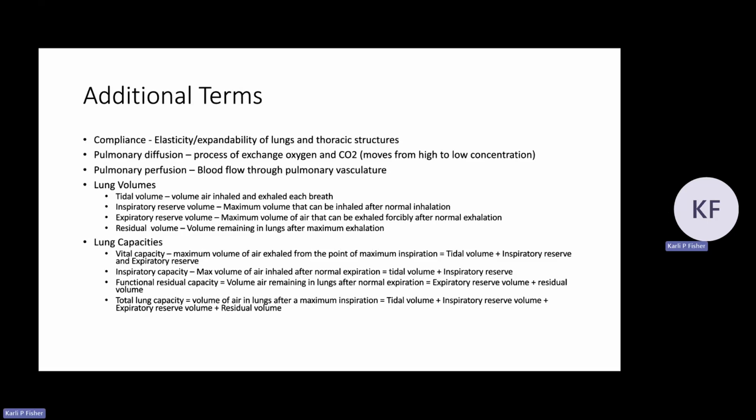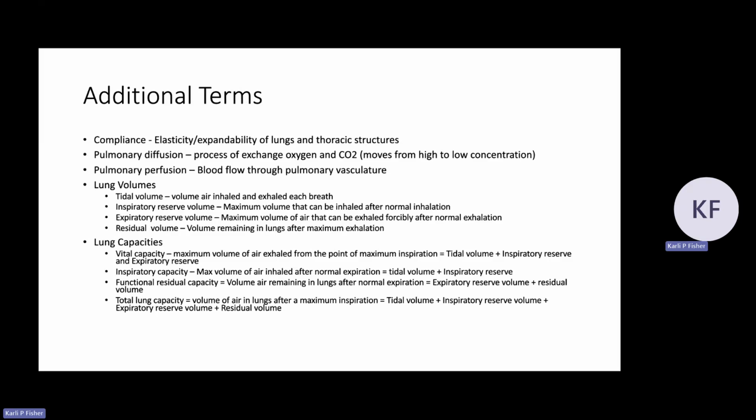Tidal volume is the volume of air inhaled and exhaled with each breath. Inspiratory reserve volume is the maximum volume that can be inhaled after a normal inhalation. So you take a normal breath in, and then how much can be inhaled after you've taken that normal breath. Expiratory reserve volume is the max amount of air that can be exhaled forcibly after a normal exhale.